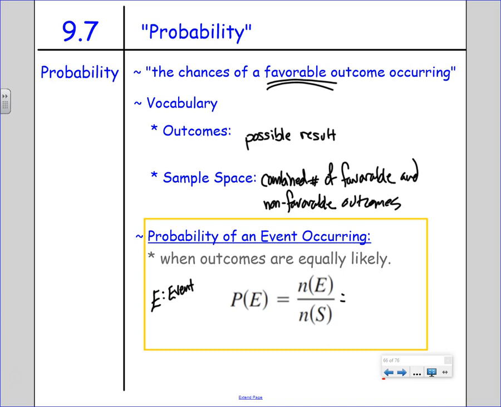We're going to have the number of ways, which is good wording from section 9.6, but for section 9.7, we'll say the number of favorable outcomes for whatever condition they're giving us. The number of favorable outcomes for the event. And on bottom, it'll be the number of outcomes in the sample space.